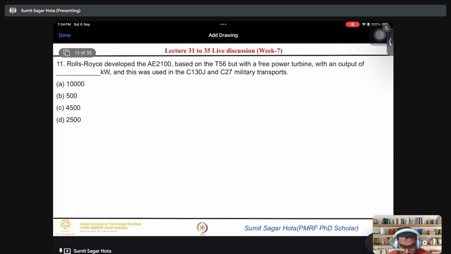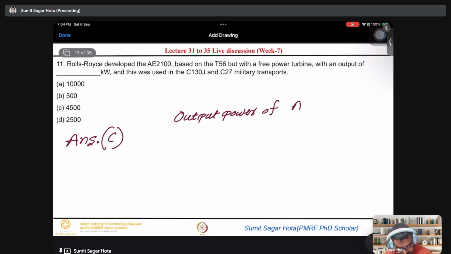So this answer is actually C. The output power of the AE2100 is 4500 kilowatt.